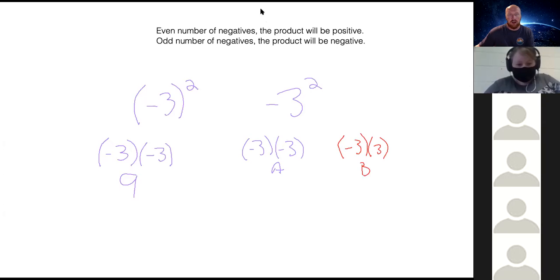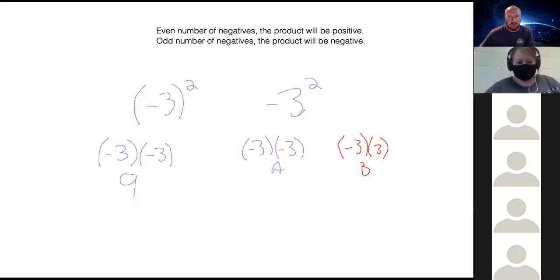And I want you to think about, do these 2 things look the same? Is there something different about them? The parentheses tell us we want -3 squared. So we want -3 times -3.